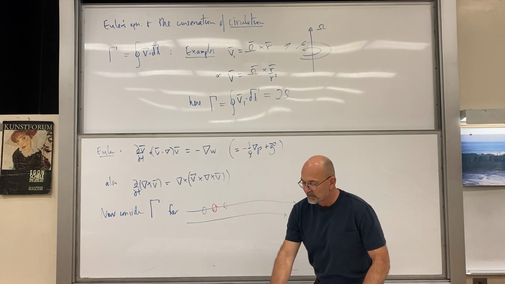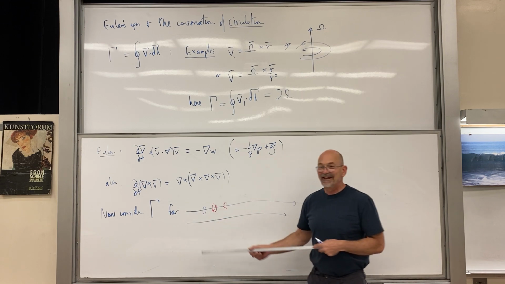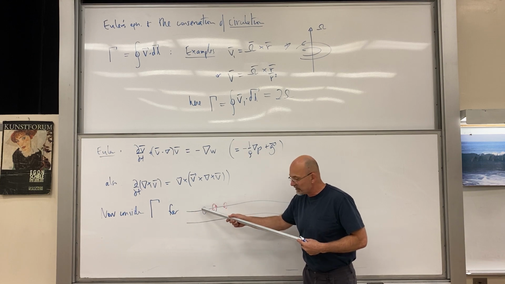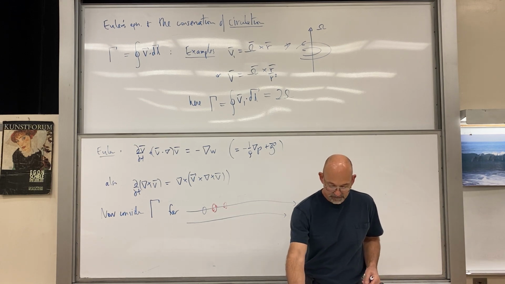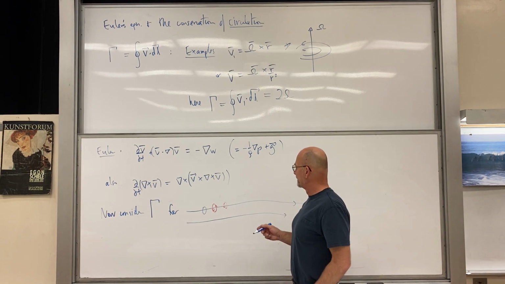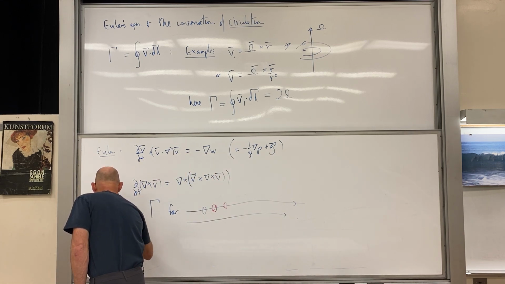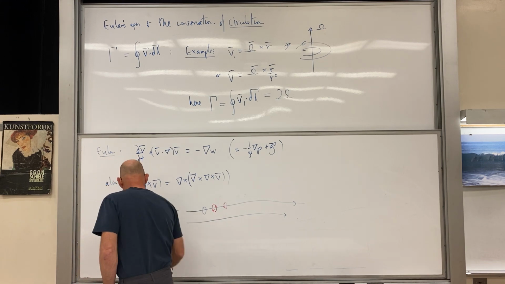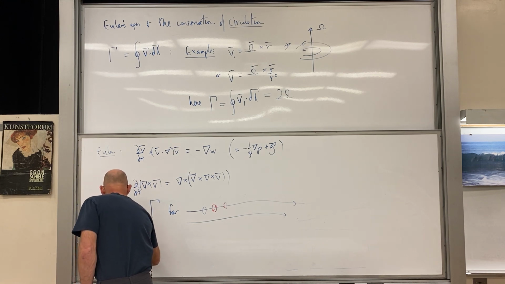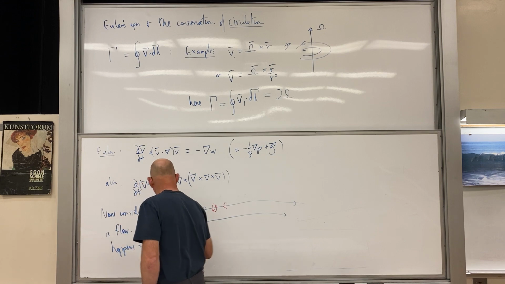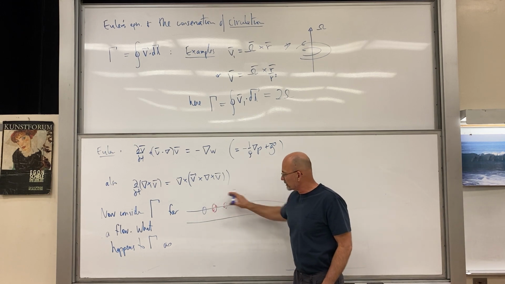What we're going to ask, though, is what happens to this quantity in time, say, as the water elements are carried down along the streamline, or a flow, as in the picture, what happens to the circulation as the flow carries an element along a streamline.